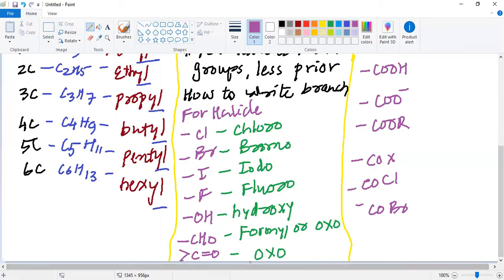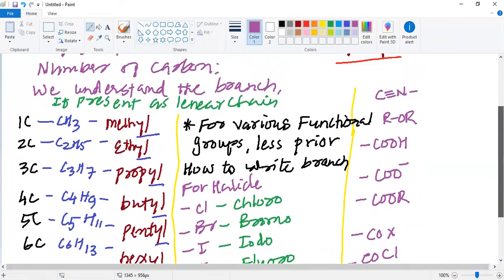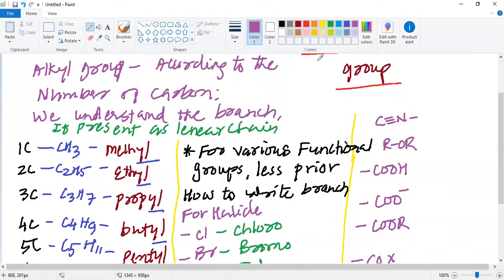Then we may have NH2, or it may be NH, or it may be N. Let us see what we can write for amide. So let us move forward and understand about the prefixes for this.